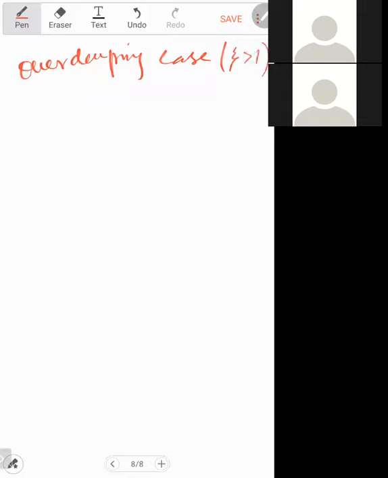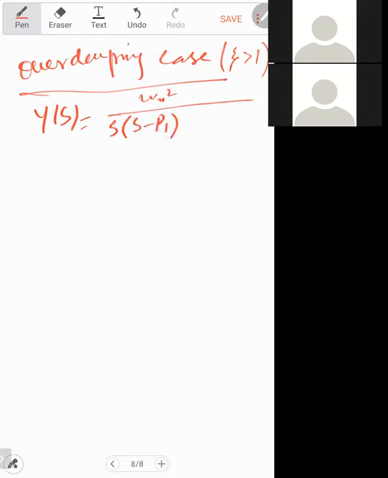Now we already know that y of s is equal to omega n square divided by s, and then we have the two other poles, s minus p1 and s minus p2. So we have to find y of t, which means the time response of the output function. Directly we cannot find this one.